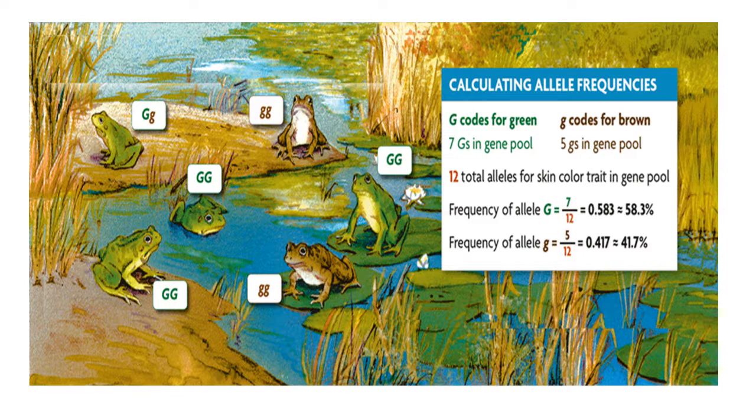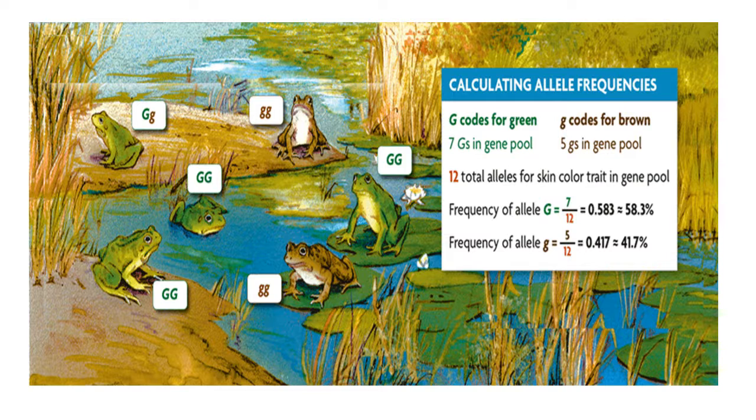To calculate allele frequency for G capital, you have to count G capital in this population. We have here how many G uppercase letters? 1, 2, 3, 4, 5, 6, 7.